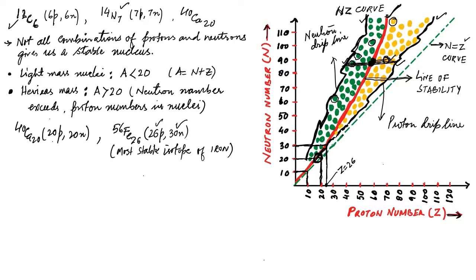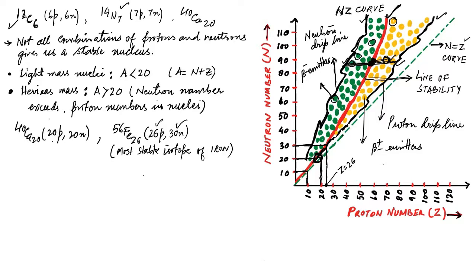All these nuclei which are in between the line of stability and the proton drip line are known as the beta plus emitters, and all those nuclei lying on the left side of the line of stability within the neutron drip line are known as the beta minus emitters.